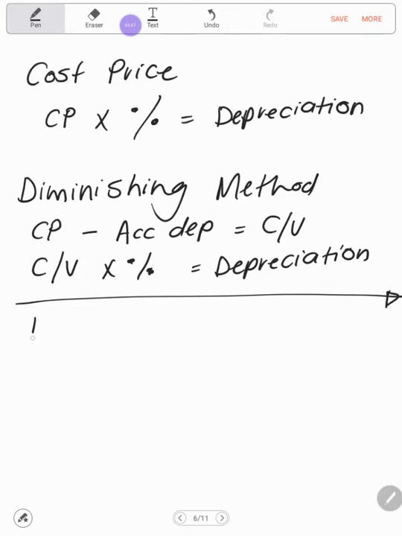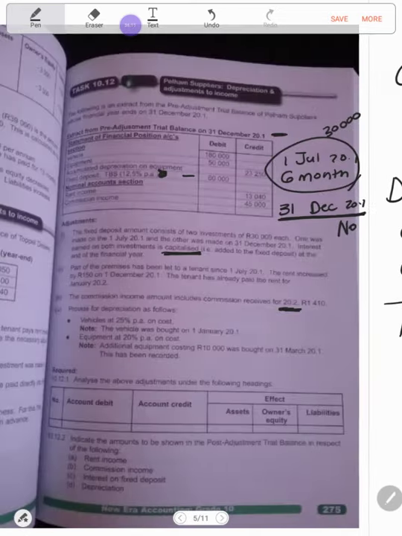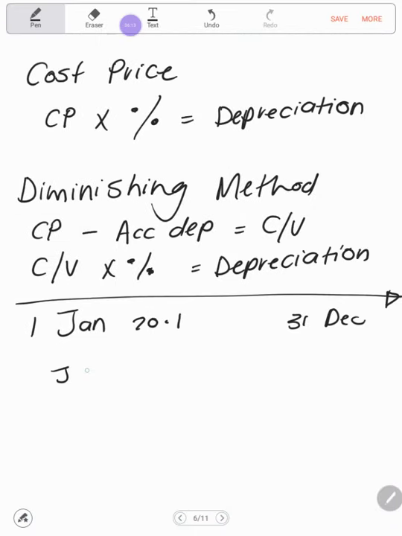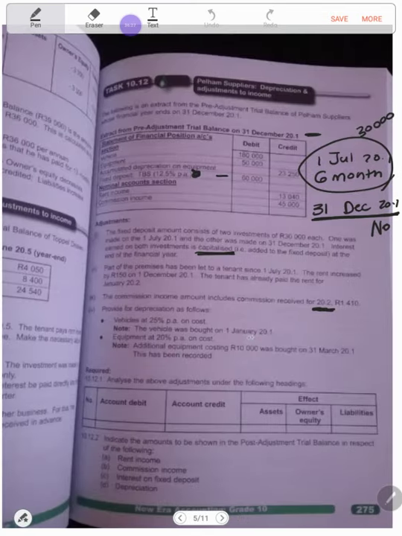So if I bought it on the 1st of January 20.1 and my financial year ends the 31st of December, how long did I have it for? Let's count: January, February, March, April, May, June, July, August, September, October, November, December.